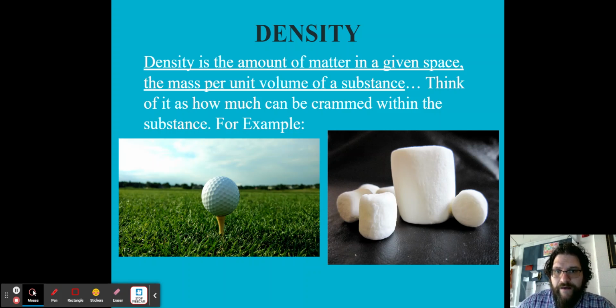It's why a 10-pound bowling ball versus 10 pounds of feathers would be considered more dense, because that 10 pounds in the bowling ball is going to be in a much smaller volume than 10 pounds of feathers, which would take up a lot more space. And that's where density comes into play.